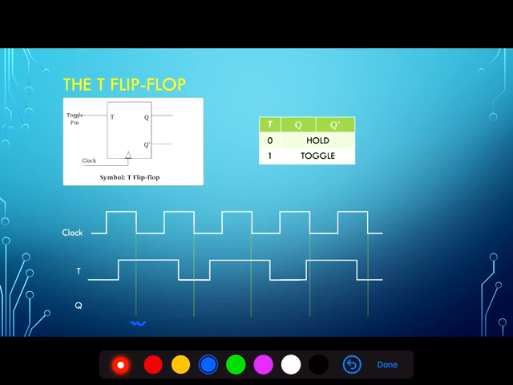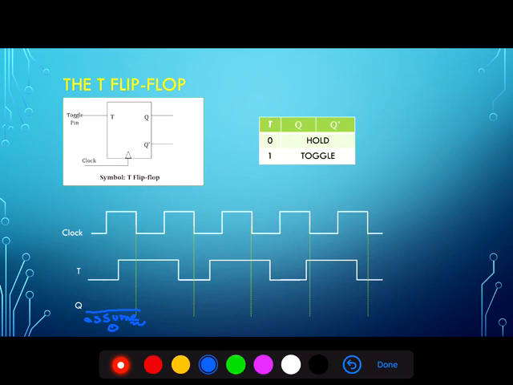And that means that somehow we have to reset or establish the initial value of Q in this T flip-flop, or it won't work properly. It'll continue to produce an undefined state, because if Q starts in an unknown state, it will remain unknown whether it holds or toggles. So we're just going to assume here that it's reset to 0 in its first stage.